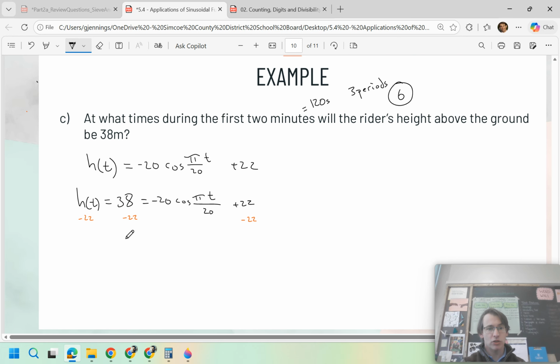Okay, what this is showing us is we want the time where we're 14 above the axis. Yes, Arden? 16, not 14. Thank you for your participation.